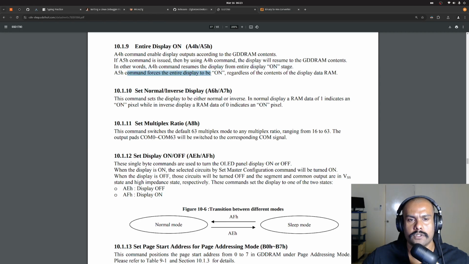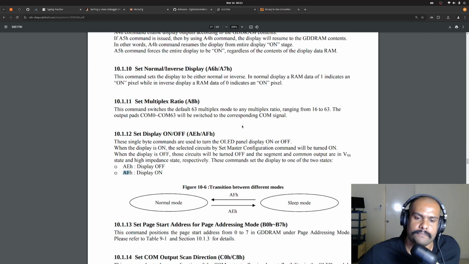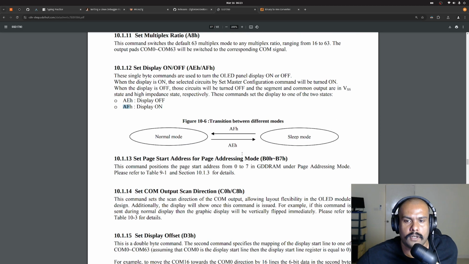A5 forces the entire display to be on regardless of the contents of the display data RAM. Okay, so I think I need to set it to AE. AE. No, AF to turn it on. Transitioning between modes. AF is sleep mode. Okay.